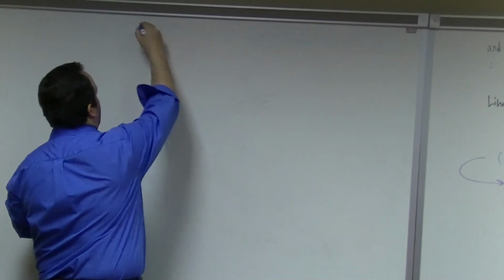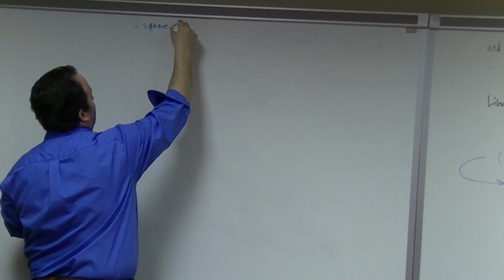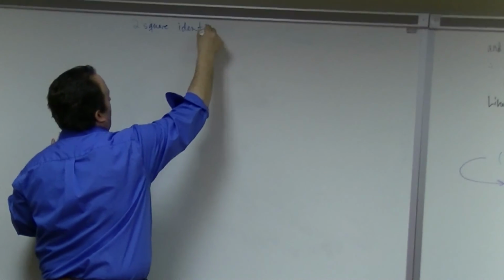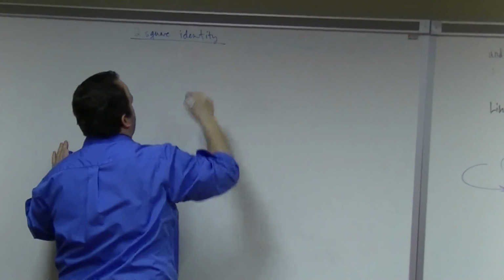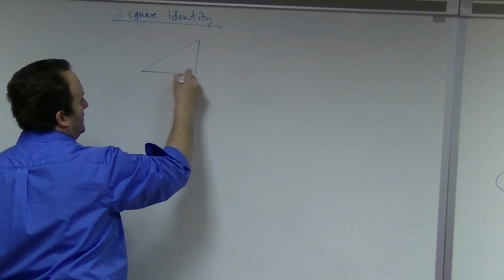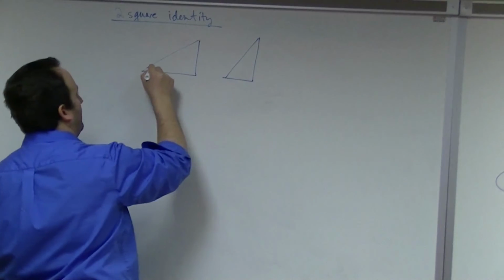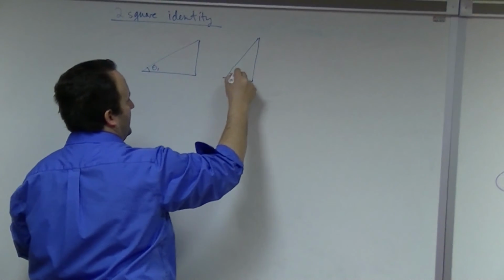So the two-square identity, we've learned a lot about it. Now here's the geometry of it. If you have 2 triangles, suppose this is angle theta 1, this is angle theta 2.